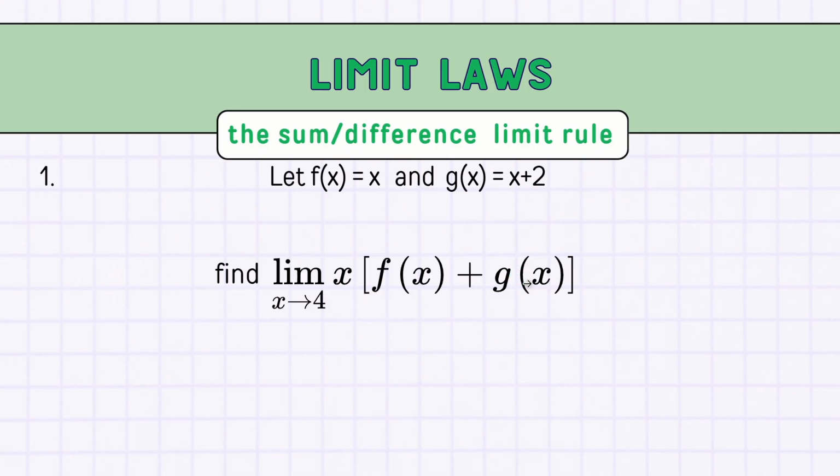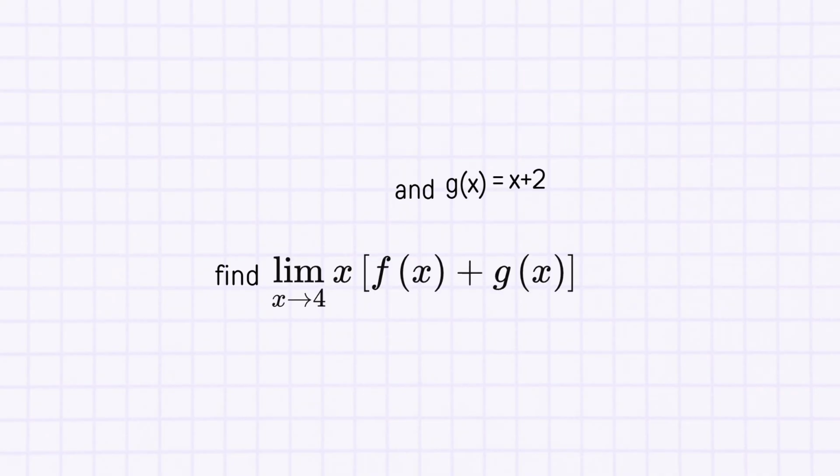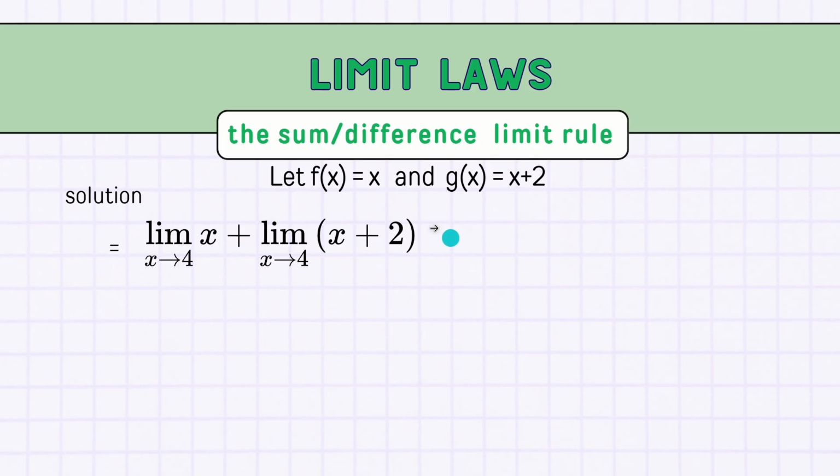So we need to apply the sum limit rule to separate the limit of x plus x plus 2. We just split it in half. So the limit of x plus the limit of x plus 2. Now we need to apply the sum rule again to split the x plus 2. So one limit will be x and another limit will be the constant 2.